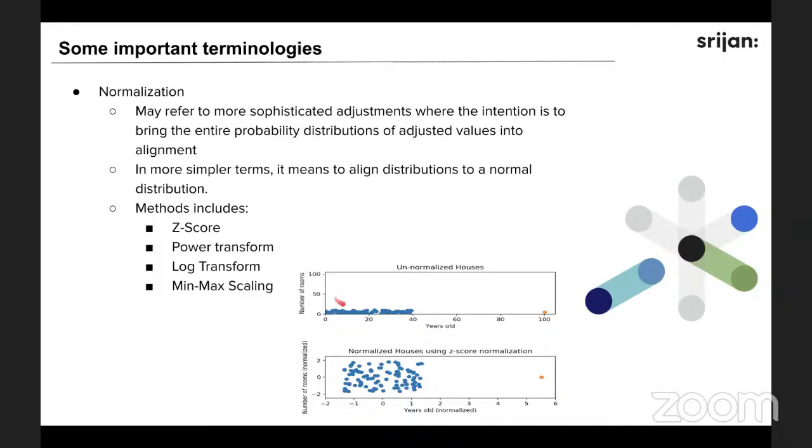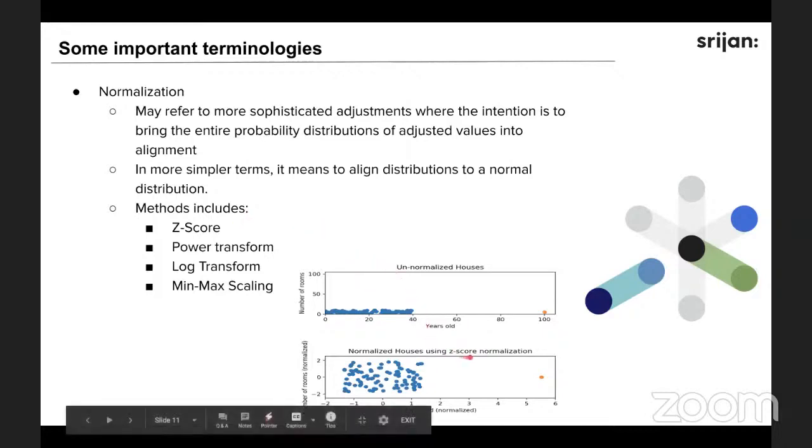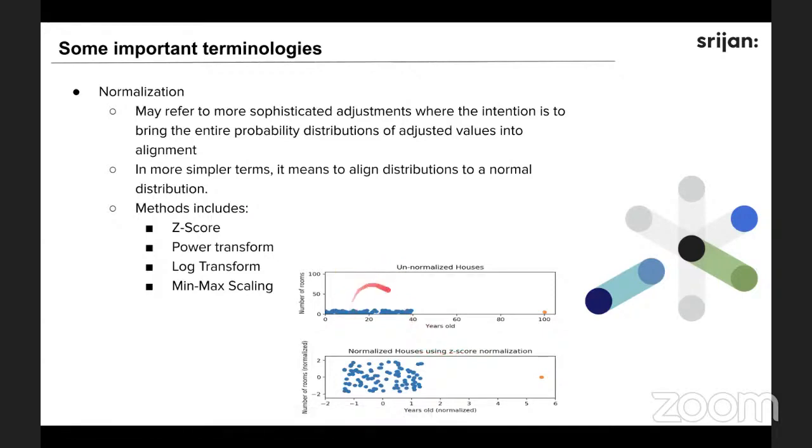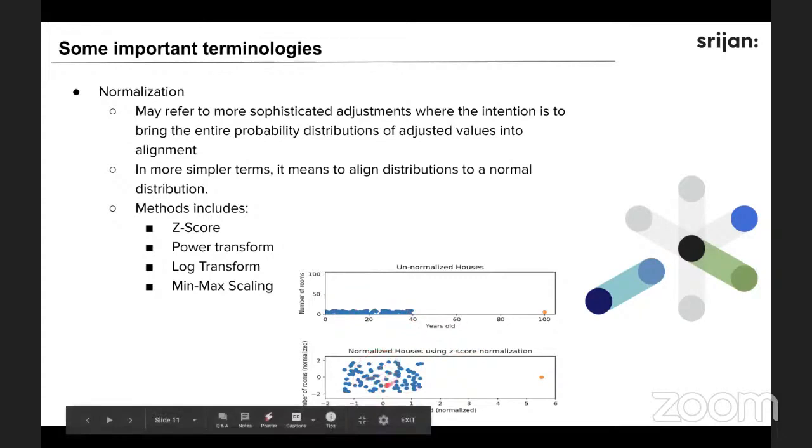So let's say we have this distribution. We had this distribution earlier. If we normalize it, let's say we use Z-score normalization. I think they have used Z-score normalization here. Then our distribution will convert into this kind of distribution.